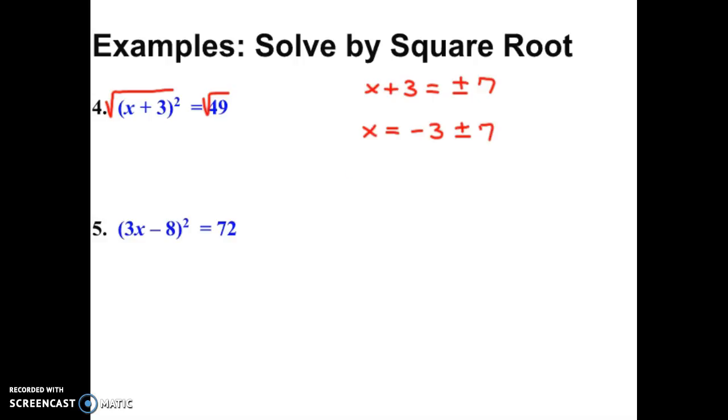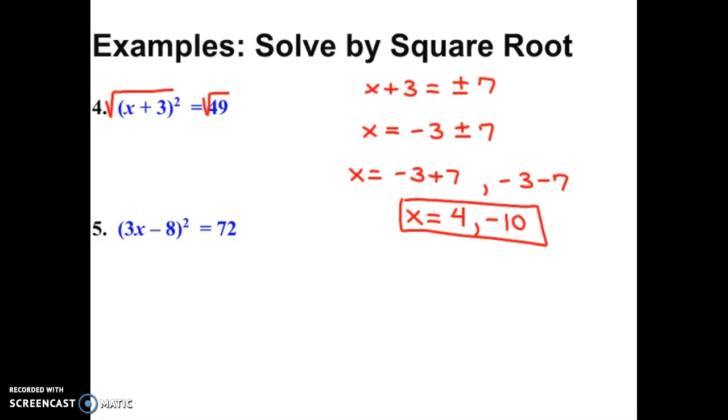What this means is your answers are really negative 3 plus 7, that's one of your answers, comma, negative 3 minus 7. Since you know what those answers are, you can physically find them. Negative 3 plus 7 is positive 4. Negative 3 minus 7 is negative 10. So those would be your answers that you would use for that problem.